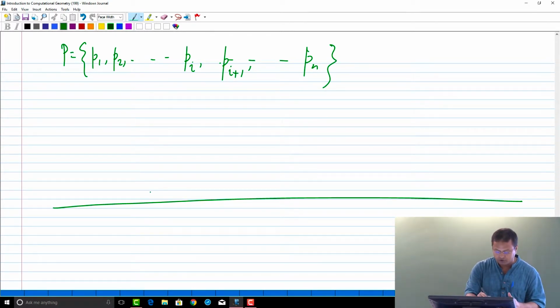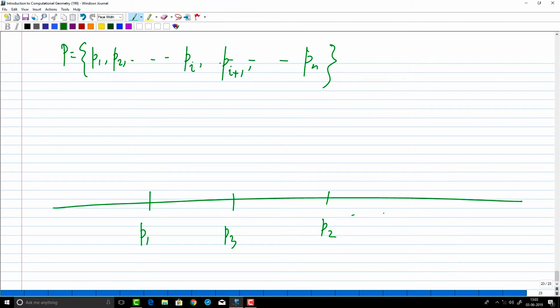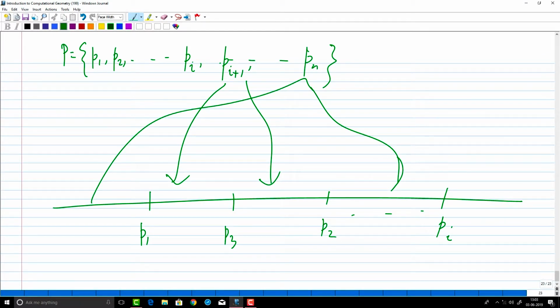Here was possibly your P 1, here was your P 2, here was your P 3, here was your P i. So if you have inserted i numbers, you have divided the total interval into i plus 1 intervals, and the rest of the numbers are somewhere here, this is there, this is there, and so on.